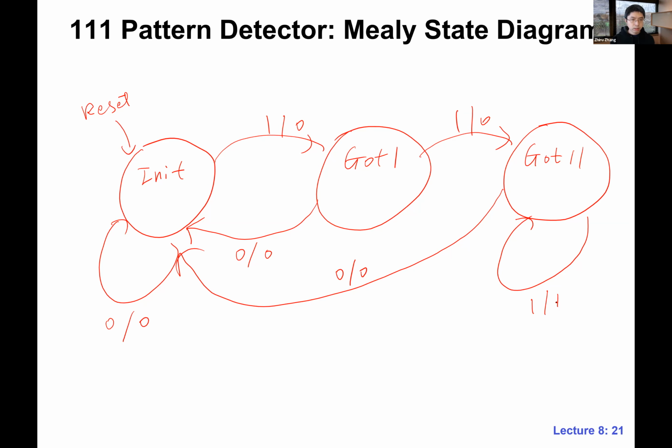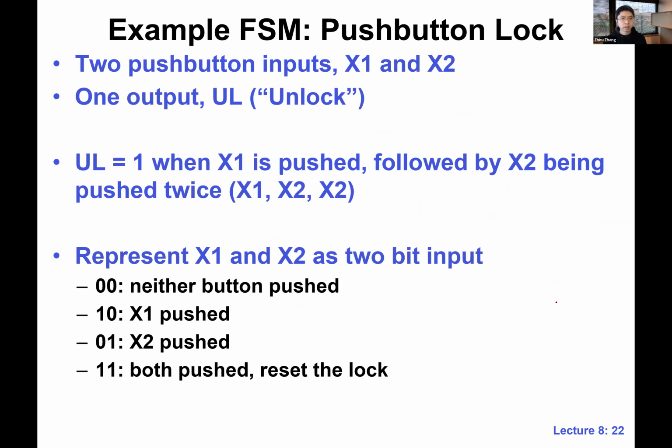Next one. Let's look at the case where we have 2-bit inputs. We are looking at the push button lock. I have 2 buttons, 2 bits, basically X1, X2. What this problem is saying is that we need to input the sequence.